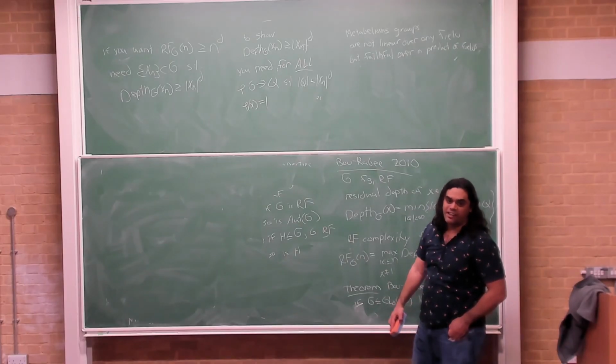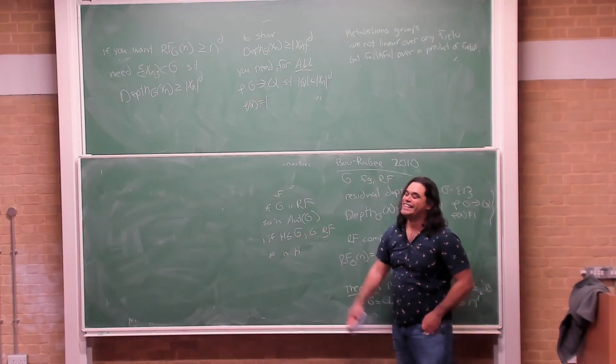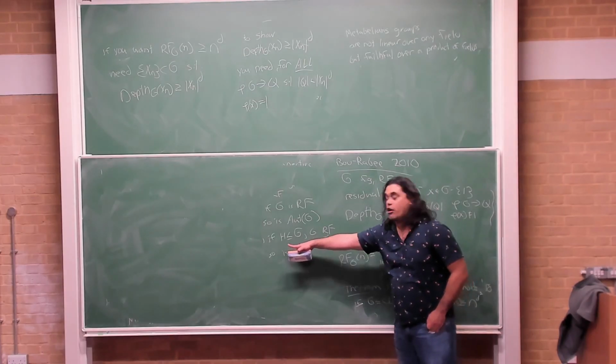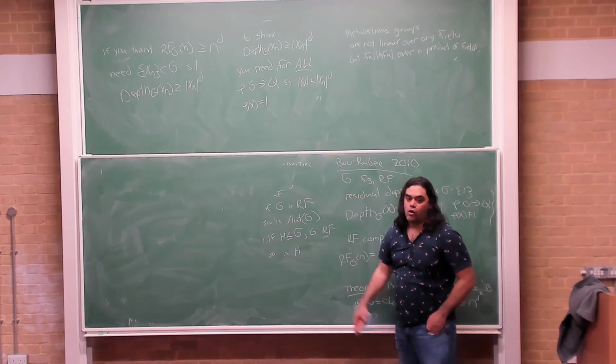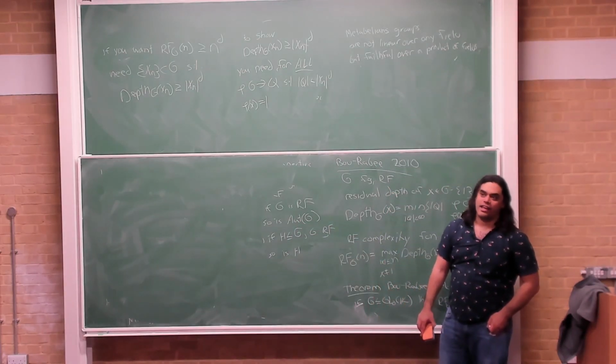Yeah, it's the bound you think it is. If you know the bound for RF of G, it gives a bound for RF of H. No, not the H. From G to R. Oh, no. You get like a super exponential bound.